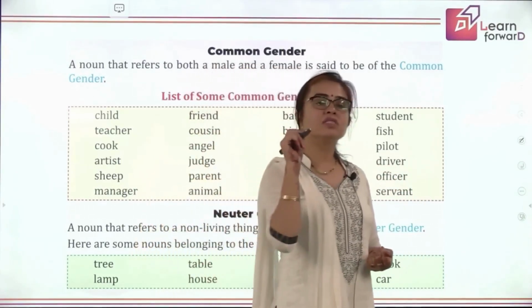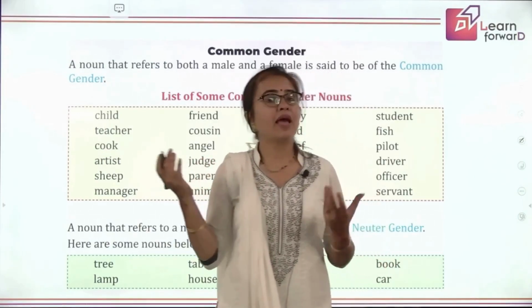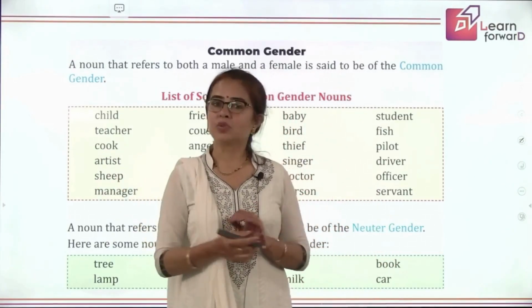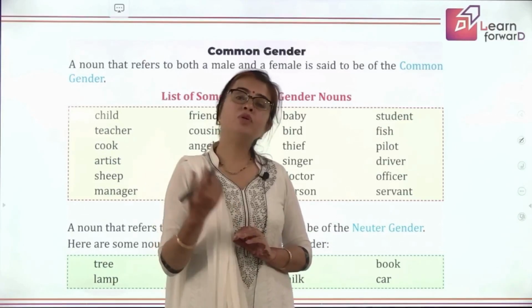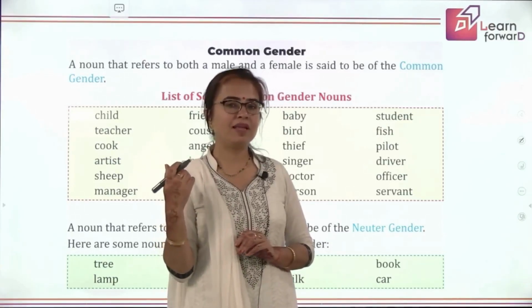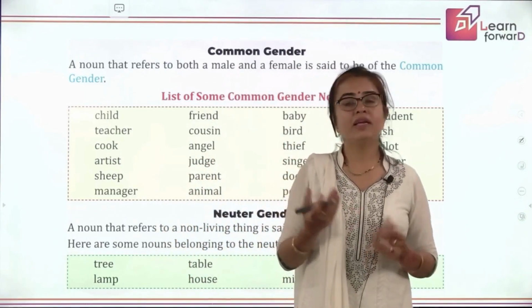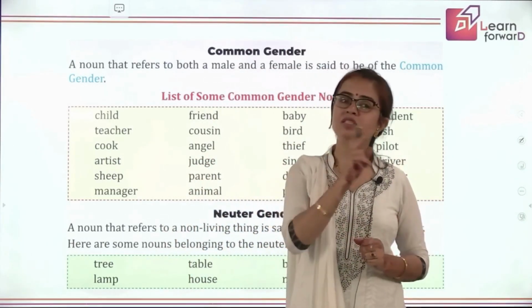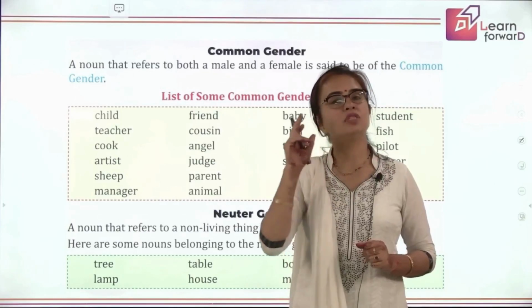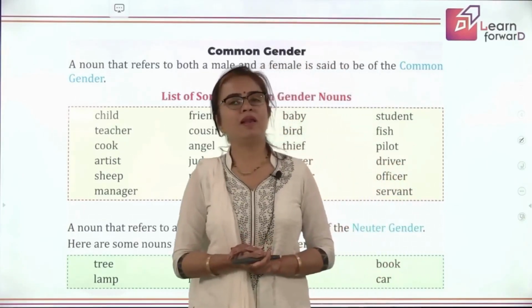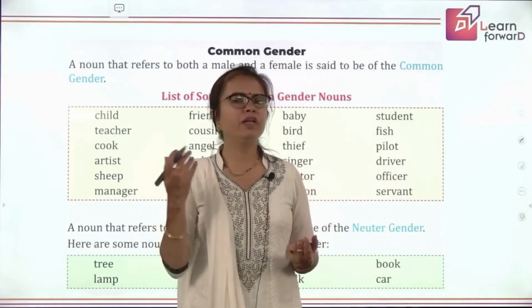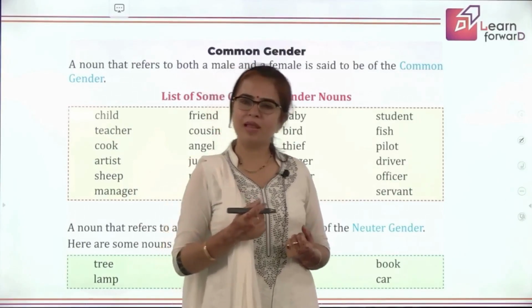So such words, an artist can be a male as well as a female. A musician similarly can be a male as well as a female. So the word teacher can be sir or madam. When you say sir, you mean male. When you say madam, you mean female. But when you say teacher, nobody knows if it's a female or a male teacher.